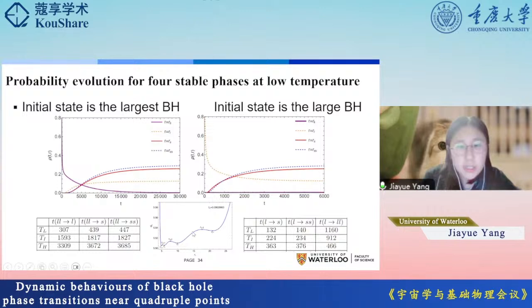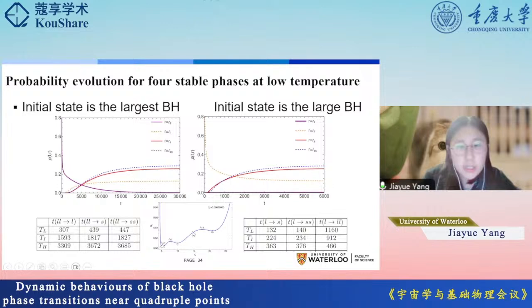And also for the small black hole and the smallest black hole, we observe a similar situation. For the small black hole, it decreases, and because the smallest black hole and the small black hole are very close to each other, it will have a peak here.